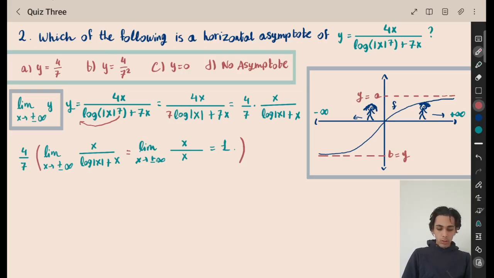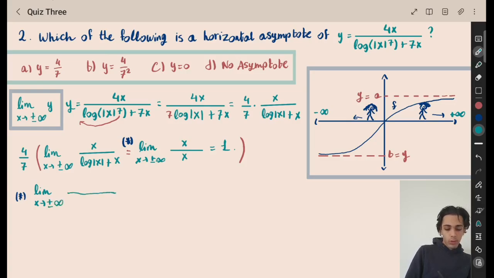Okay? And now you might be wondering what really happened here. And if you haven't seen that in the tutorial, or if you haven't seen it before, then I will clarify it now. So what we do here is we divide by x. We divide by the fastest growing term.